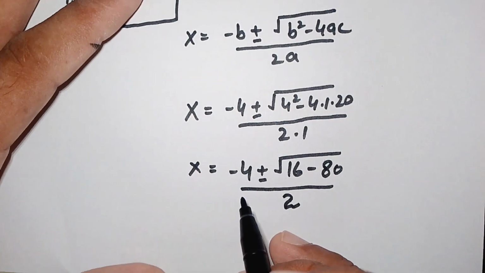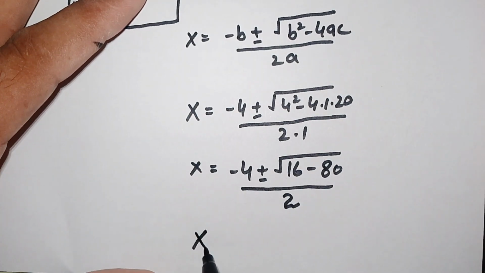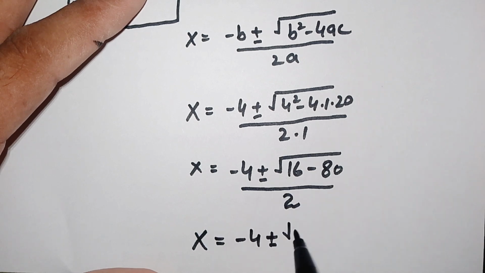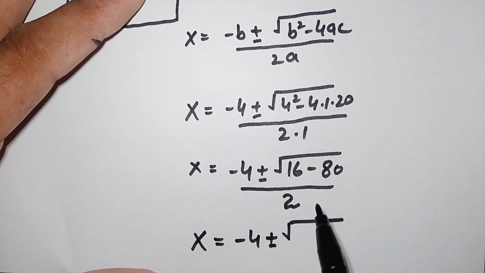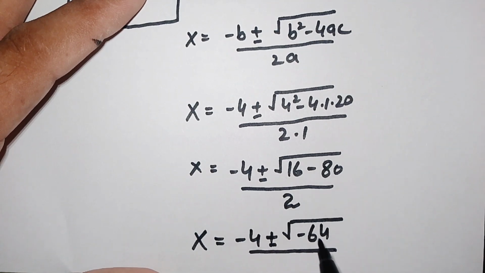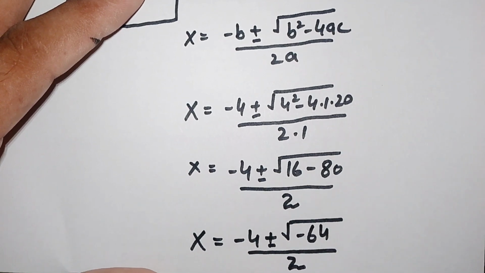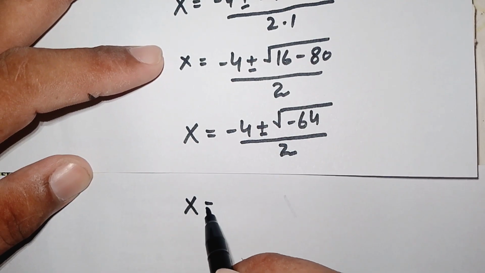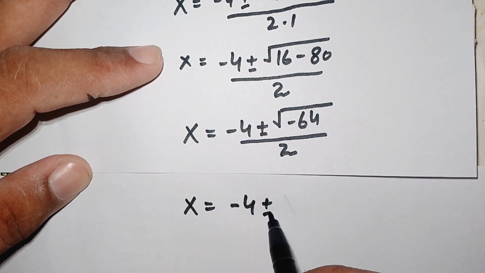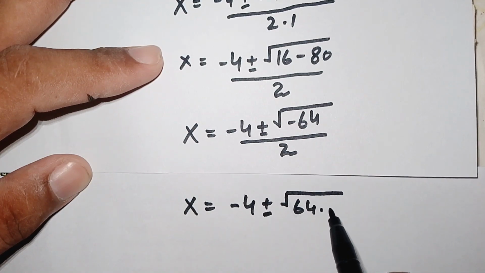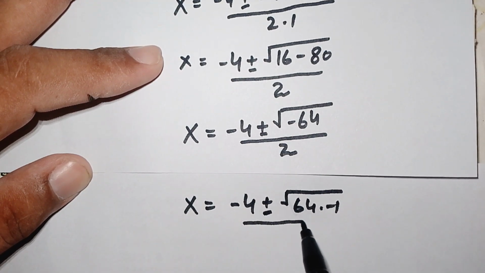Now in the next step, x is equal to minus 4 plus minus square root of 16 minus 80, this is equal to minus 64, divided by 2. x is equal to minus 4 plus minus square root of 64 times minus 1 divided by 2.